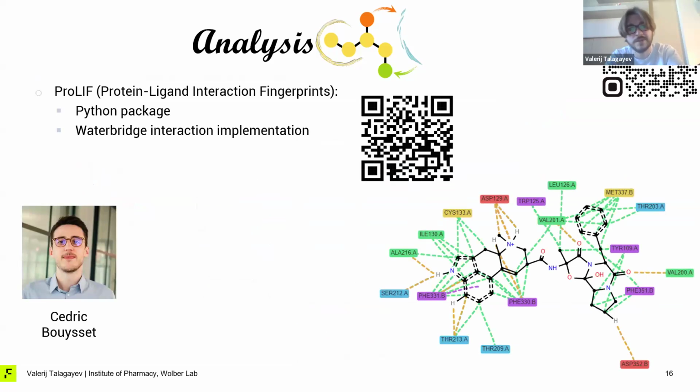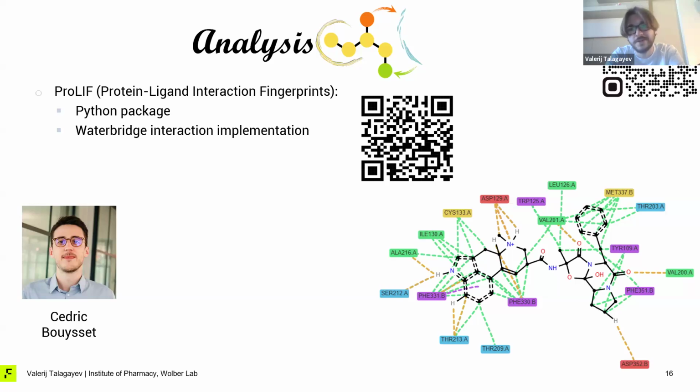It does more or less the same as PLIP: it looks at your frame and at the protein ligand interactions and says whether an interaction is present or not and what interaction it is. The reason why we first went with PLIP and not ProLIF was mainly the water bridge interaction implementation, because ProLIF at that time didn't have one.